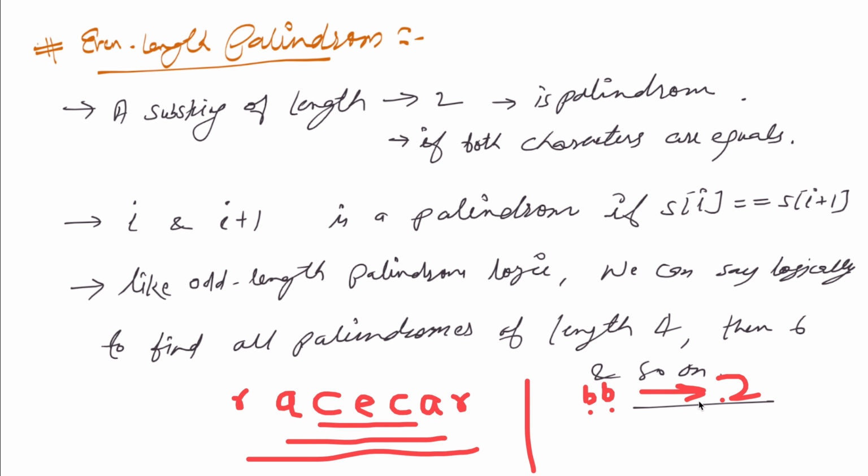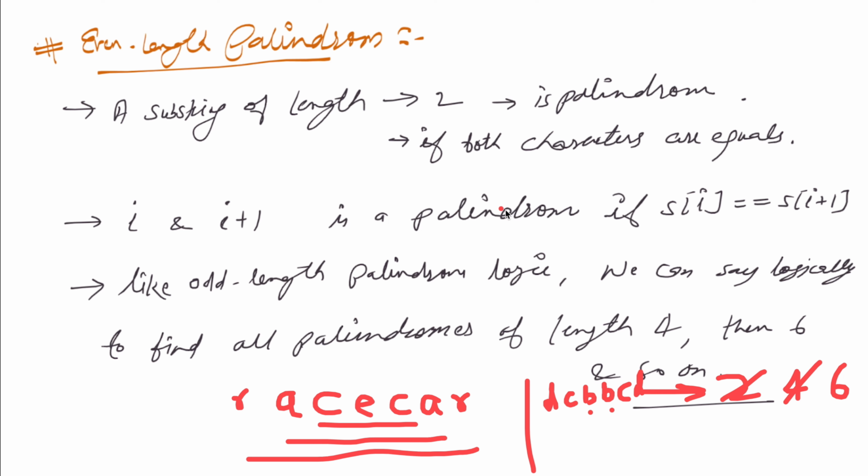Now if we add one character from each side, say C here and C here, what is the length now? Now it's 4, because 2 characters have been added. Now we add D on one side and D on the other side. Then it is not 4, now it is 6, right?